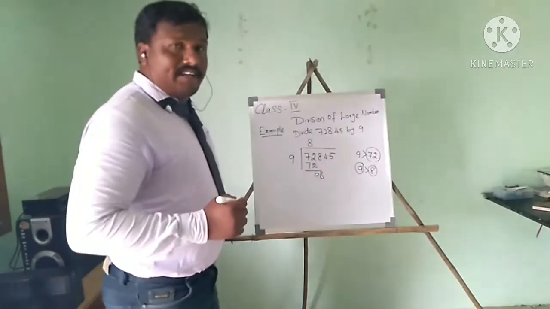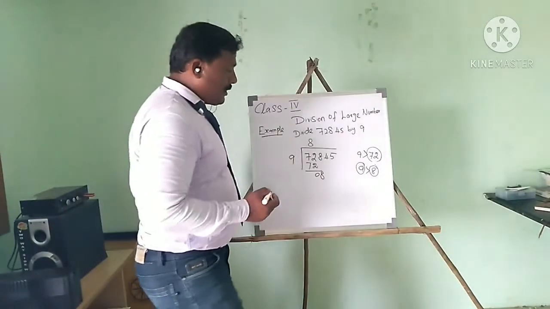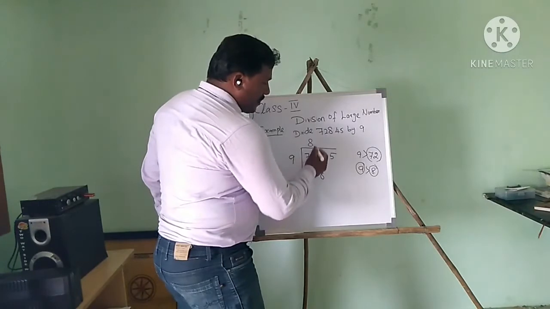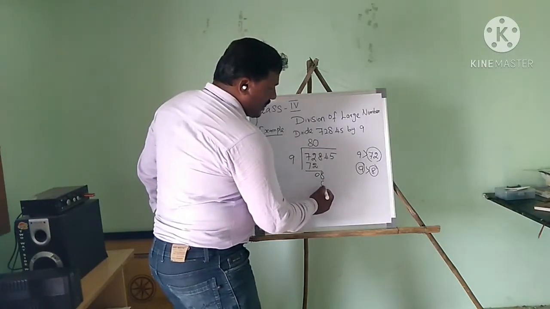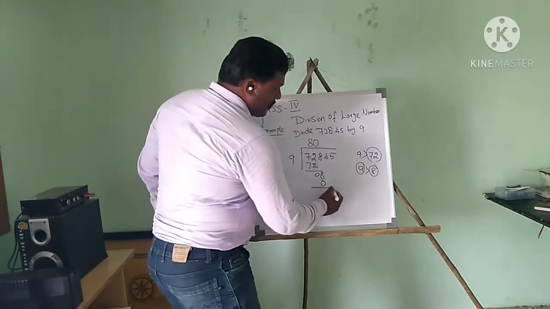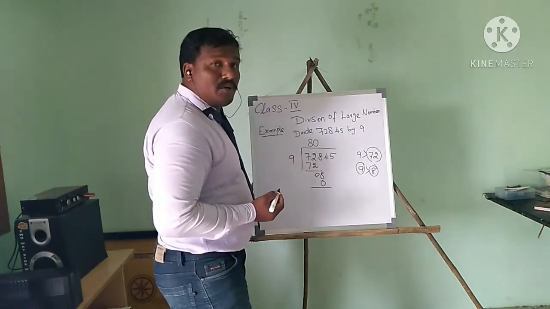So we cannot divide, and I just put 0 here in the quotient. So 8 minus 0 is 8.